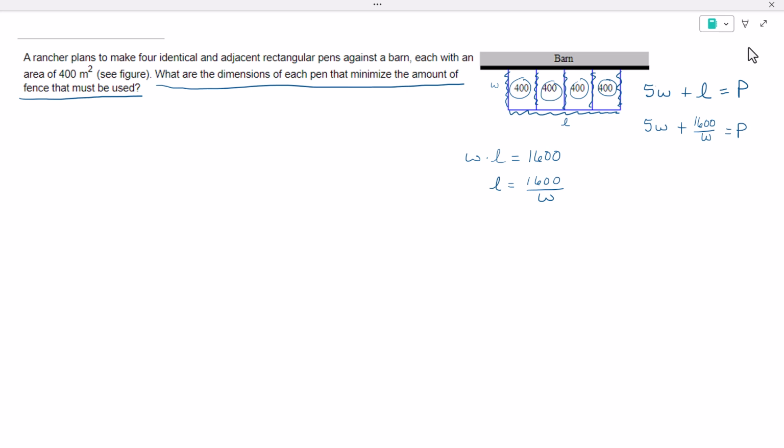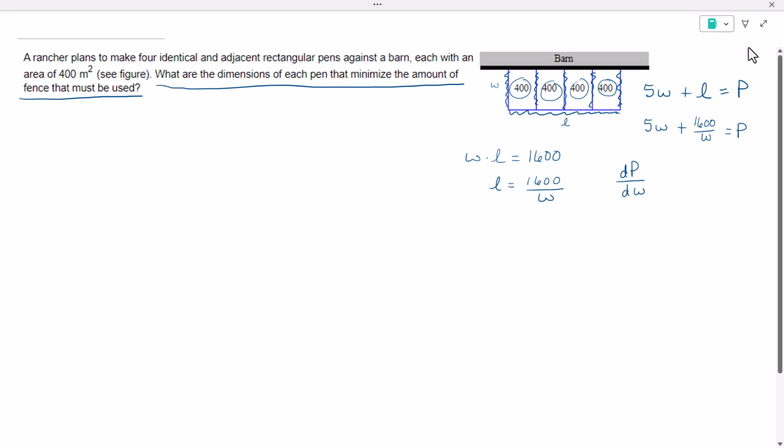Now my job is going to be to take the derivative, because remember, we're talking about functions increasing and decreasing, or decreasing and then increasing, and that's where the extrema happen, and that's where we have optimization occurring. So we're ready to take this. We've got dP/dW.